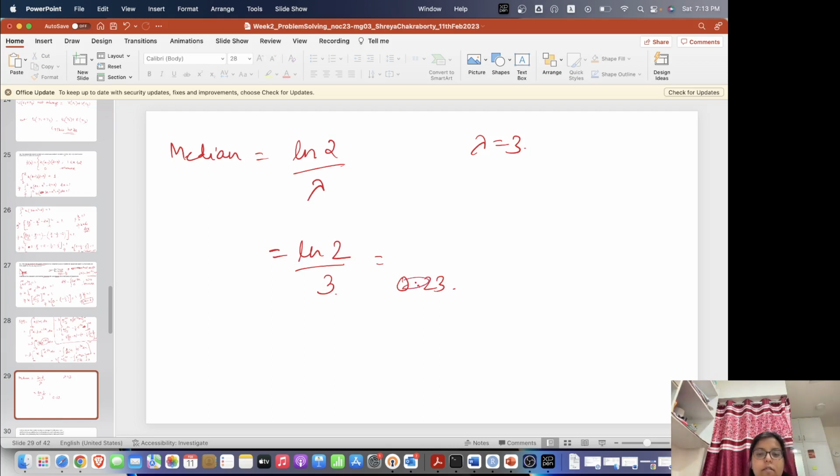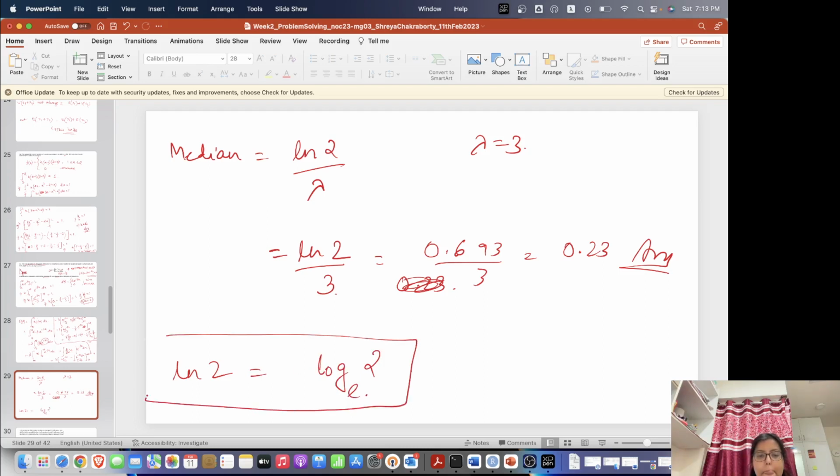ln2 is 0.693 by 3, this will be 0.23. And ln2 means log 2 base e, natural logarithm. Okay? Any doubt so far?